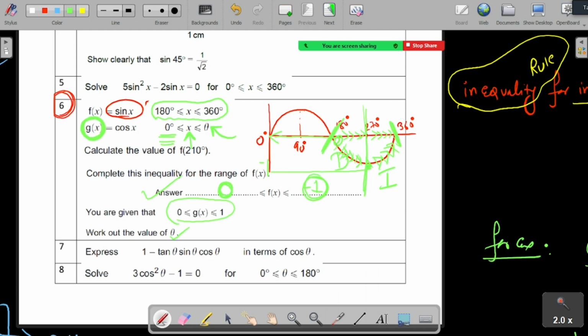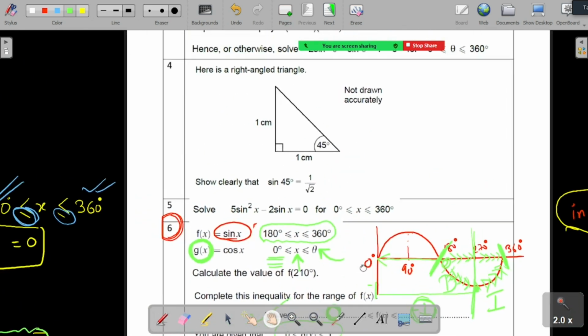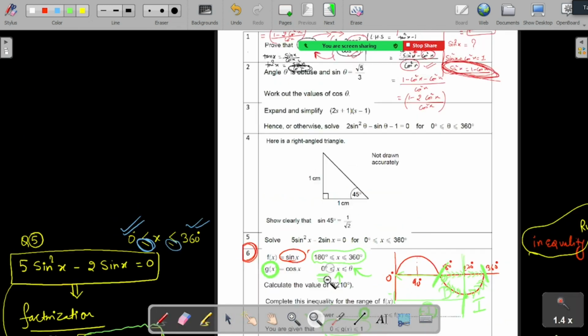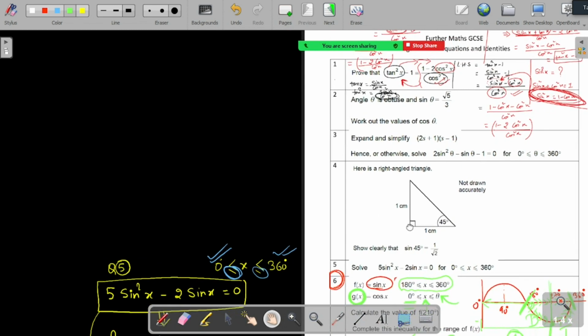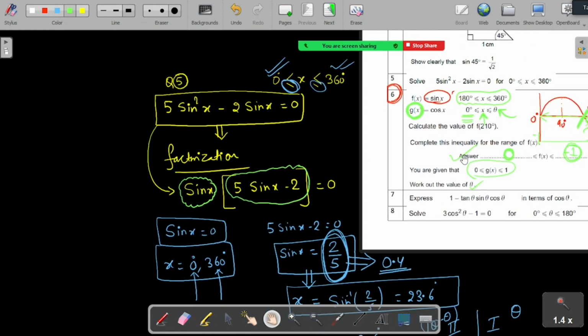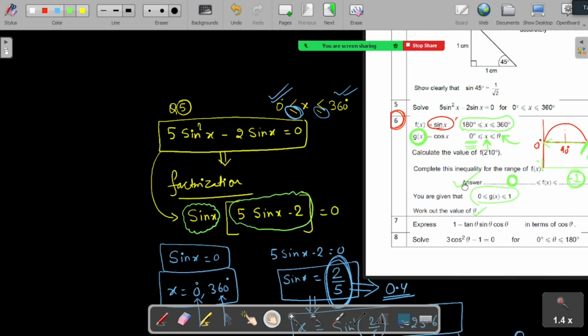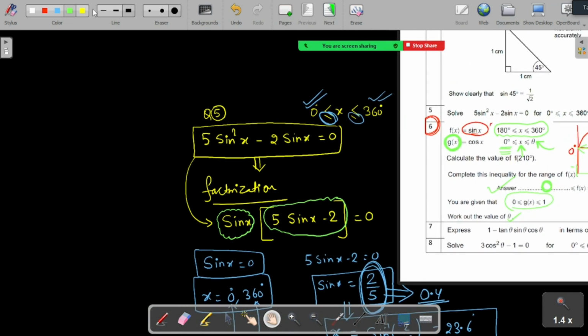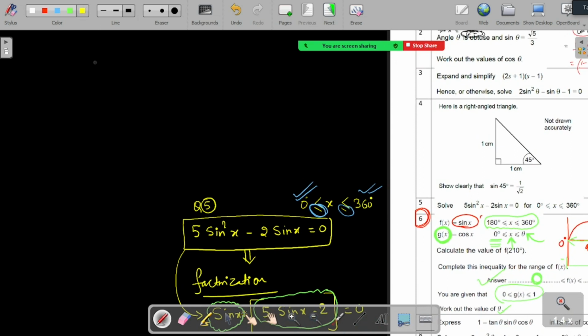So first we'll have to draw the cos graph. That's so simple. You should approach with your graphical way. So plot the graph of cos x. See, the lower limit is given, that's 0 degree.